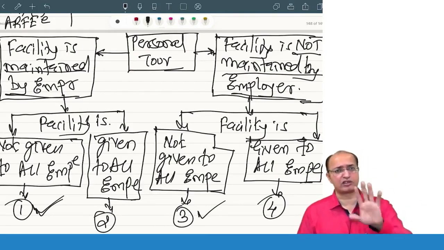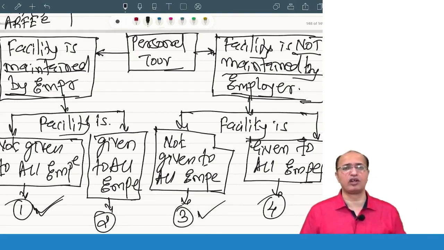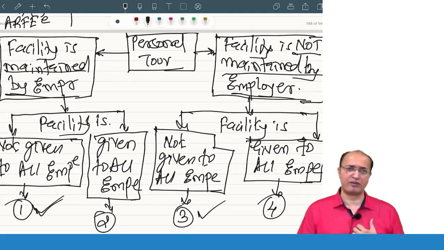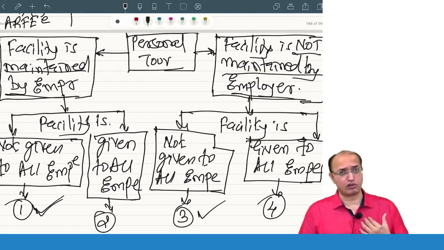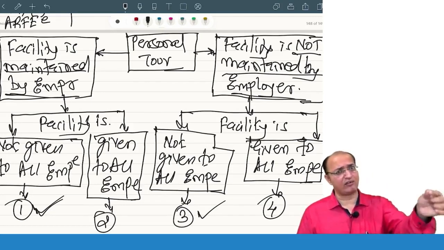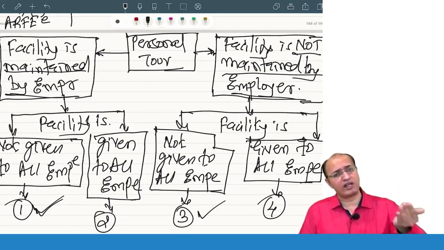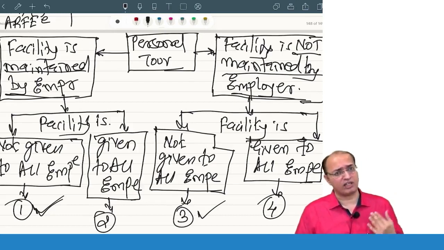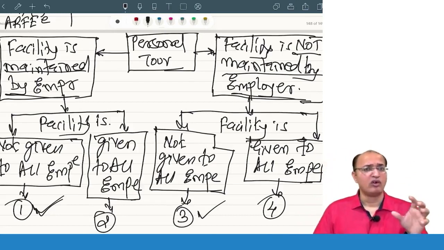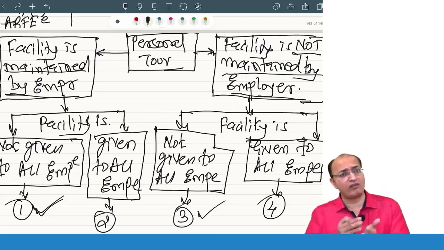But officially they are saying that we have incurred only 20,000. Why? Because if they say that they have incurred 50,000, 50,000 will be added to my salary and tax will be levied on 50,000. So to save my tax, they say that we have incurred only 20,000. So only 20,000 will be added to my income, and tax will be levied only on 20 instead of 50. So they can manipulate the cost only when they are incurring it.